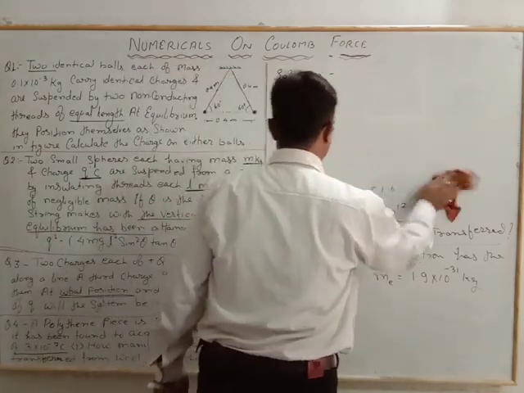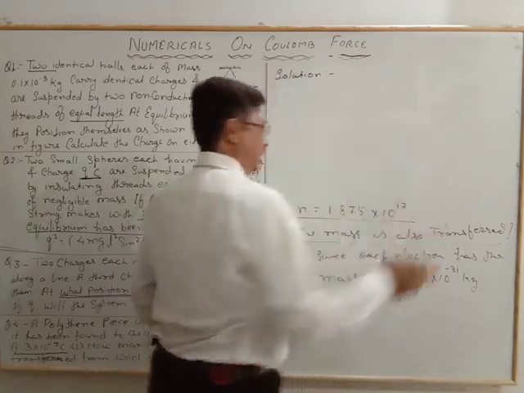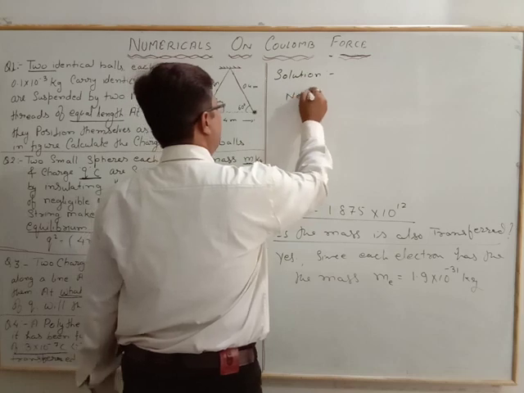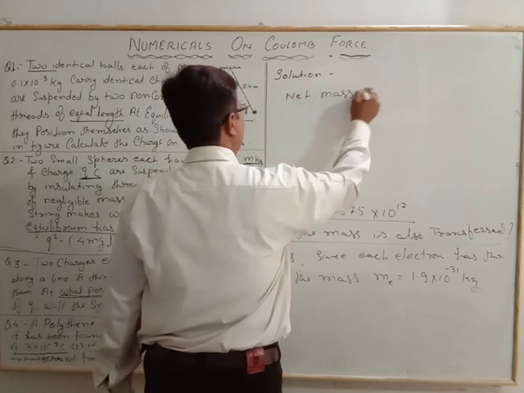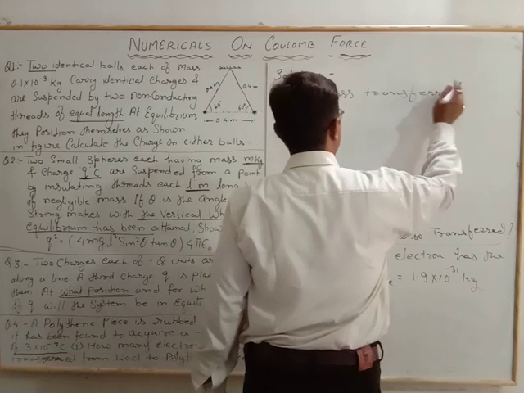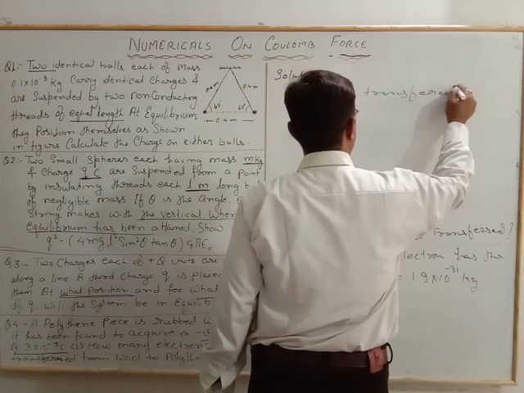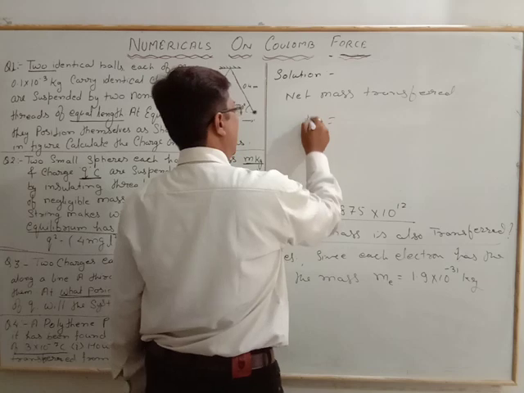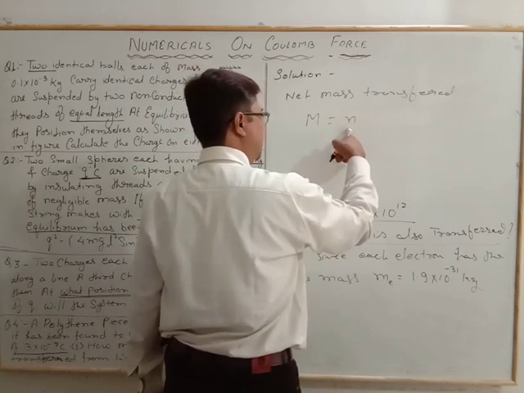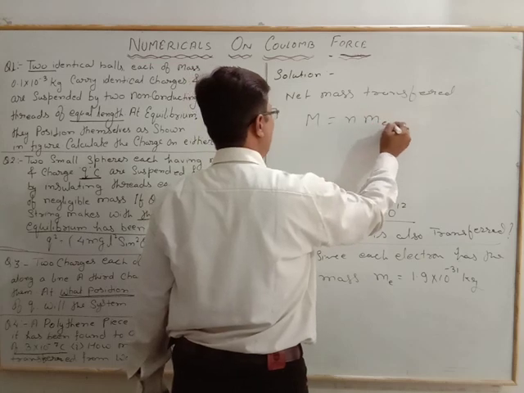So we have the value of n. The net mass transferred to the body, m, is equal to the number of electrons into the mass of the electron.